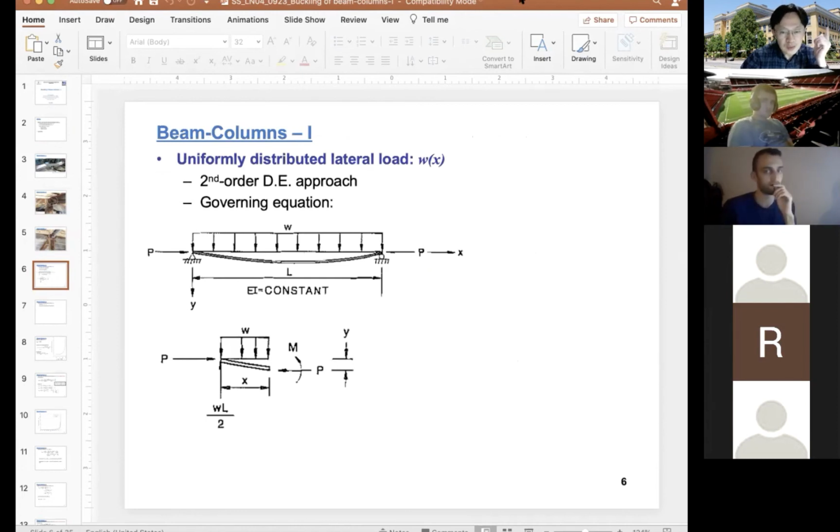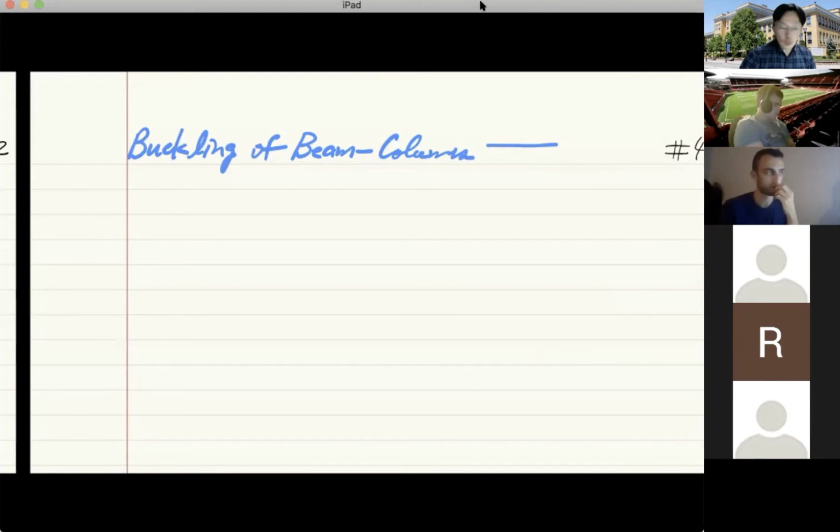This problem here on slide number 6 is going to be our example number 10. And before I start solving this example, let's recap a little bit on a few things we have learned so far, because we will be using them extensively in the buckling of beam columns.